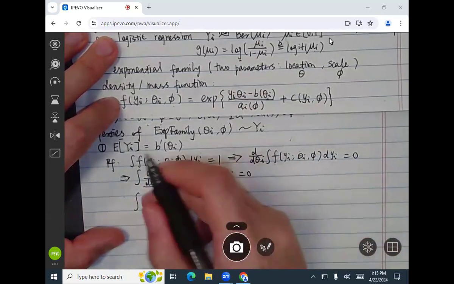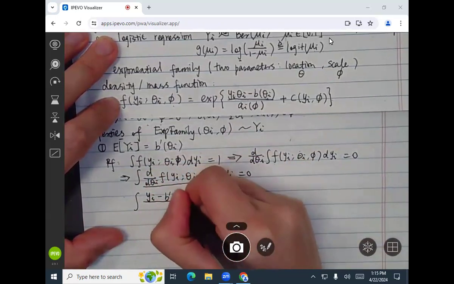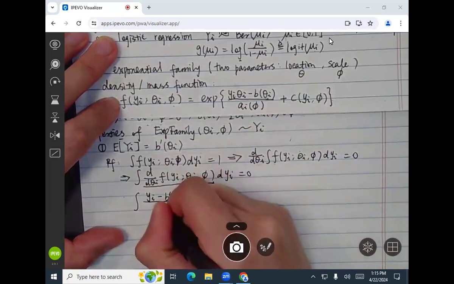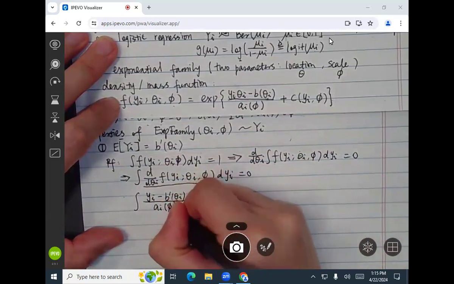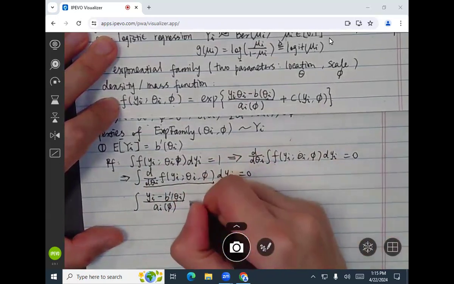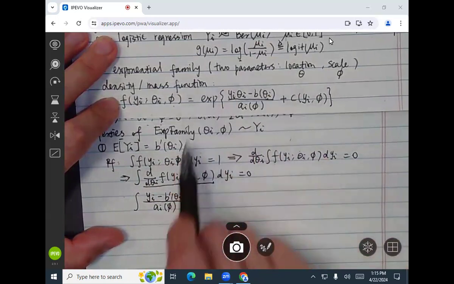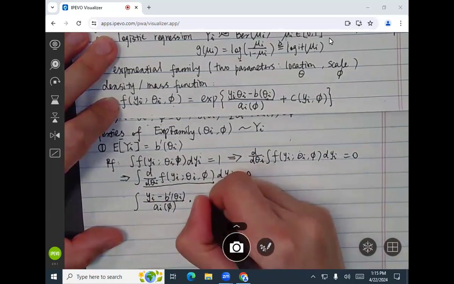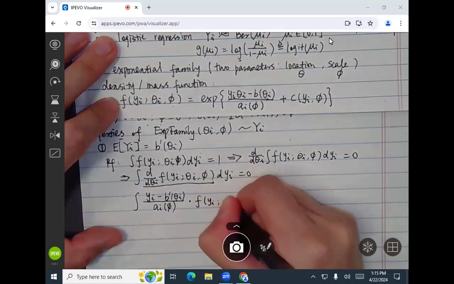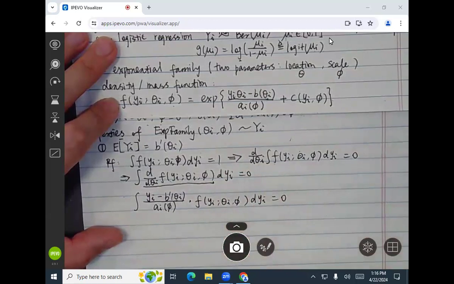And we actually get (yi minus b prime theta i) over ai phi. That's the derivative of the exponent times the exponential function, which stays. So that's still f(yi; theta i, phi) dyi. And this is 0.